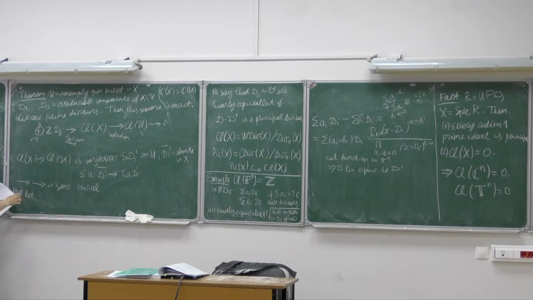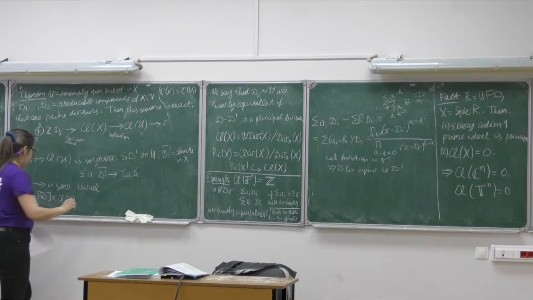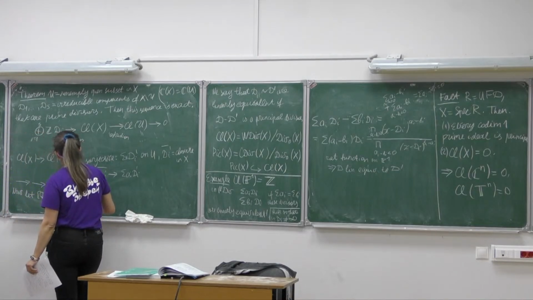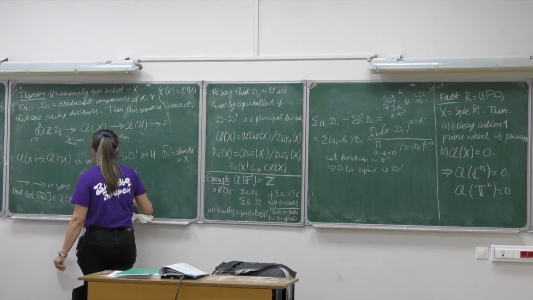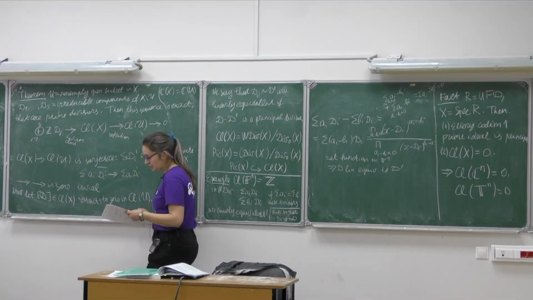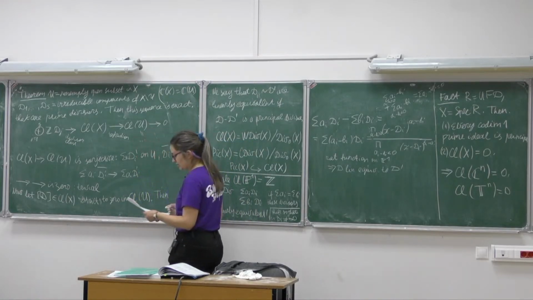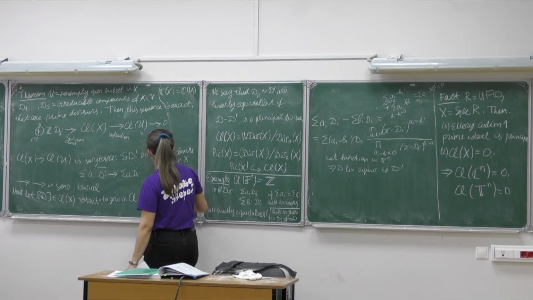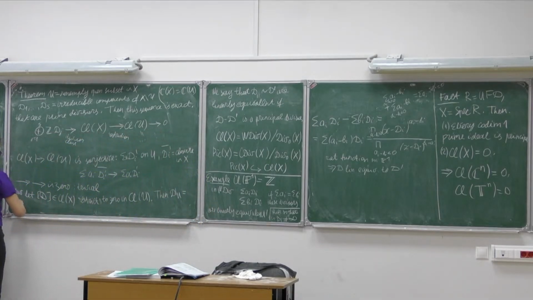So take the class of D in the class group of X such that it restricts to 0 in the class group of U. Then we know that it is a principal divisor on U. Then D on U is the divisor of some function.